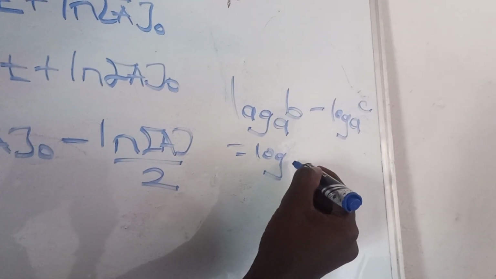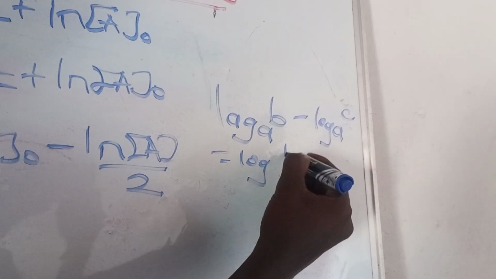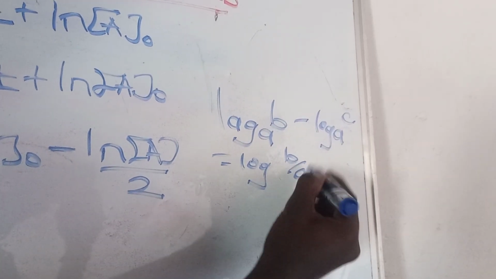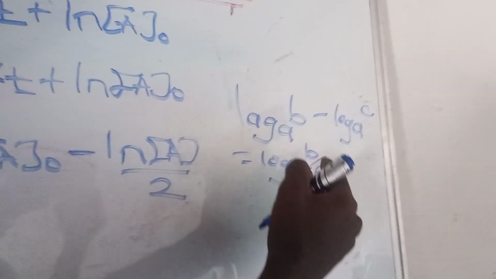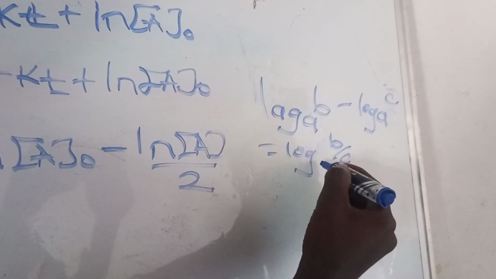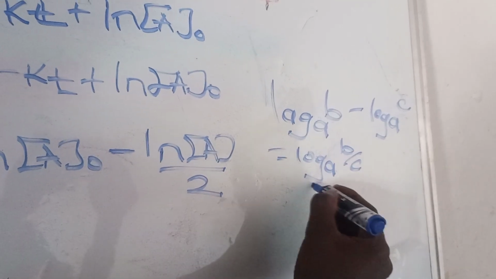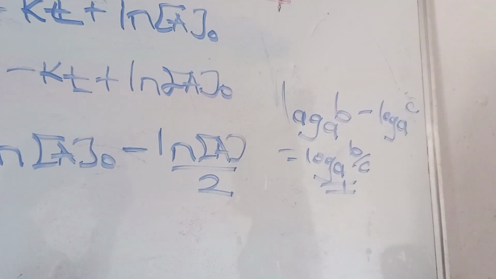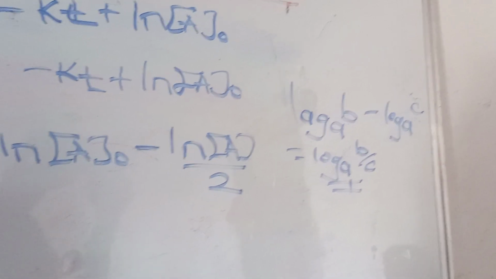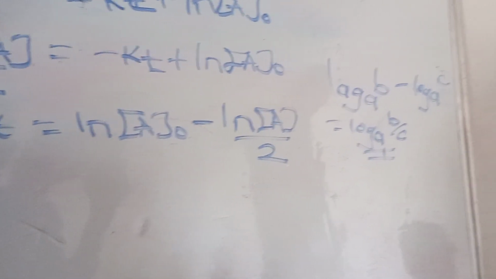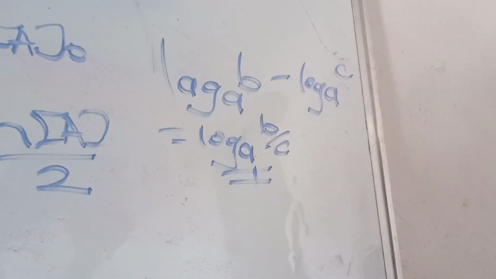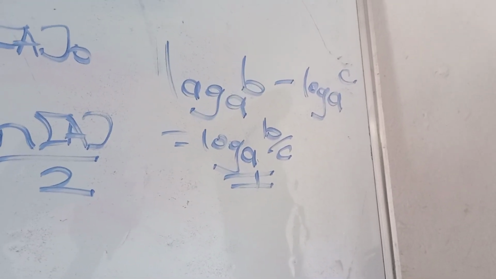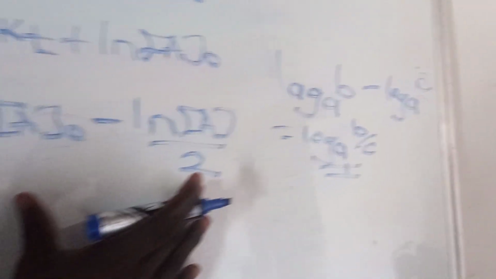That means we are going to have log of b over c base a. So log of b base a minus log of c base a is equal to log of b over c base a. So we apply that concept here.